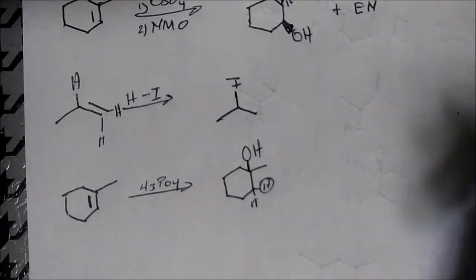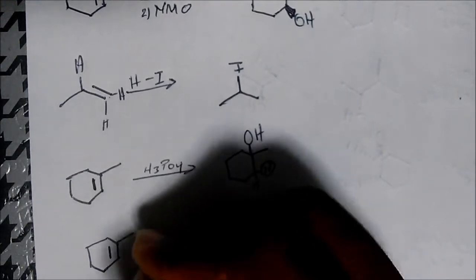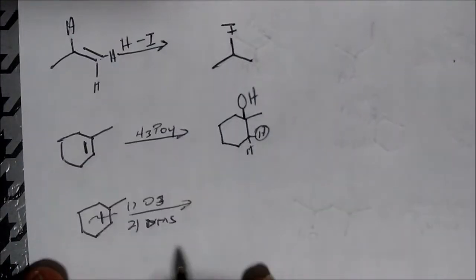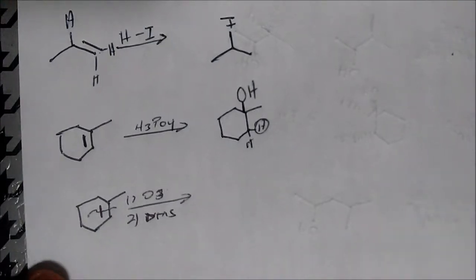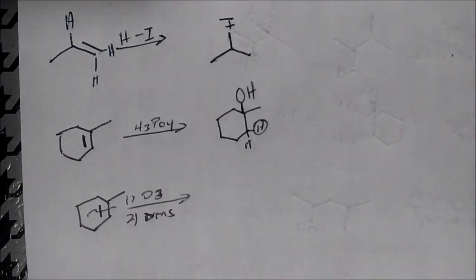Now there's something important that I want to mention with the oxidative cleavage of alkenes. All right, when you use ozone in the presence of DMS, notice that when you cleave this carbon-carbon double bond, the molecule never splits. So you actually don't get two products. You get one product with two different functional groups.